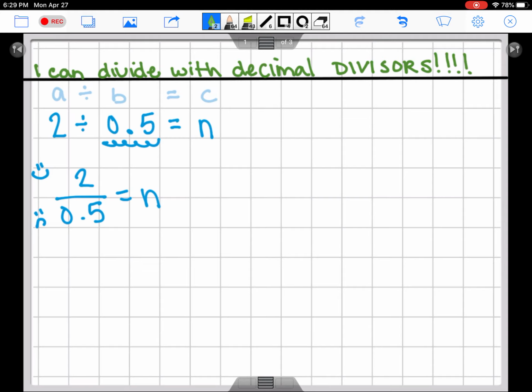So what we need to do is figure out what we can multiply these by to get a fraction that doesn't have a decimal in the denominator.